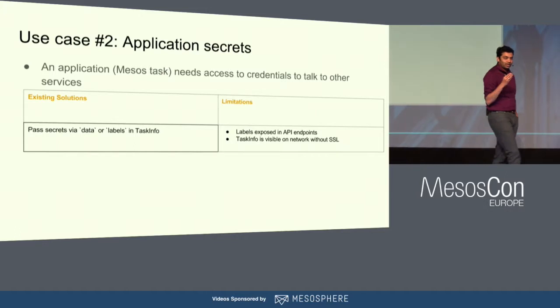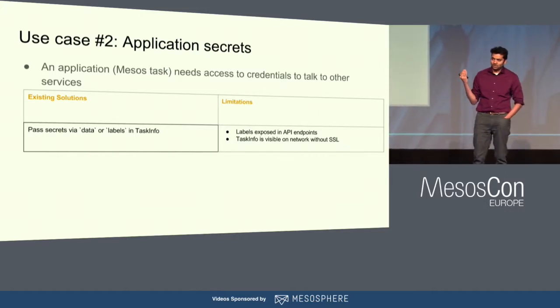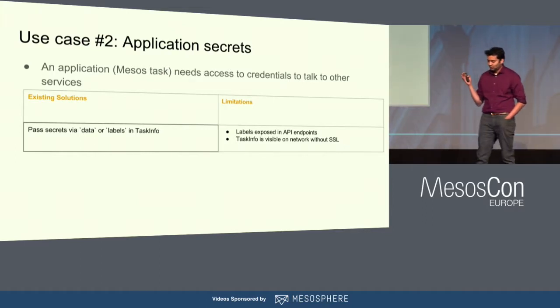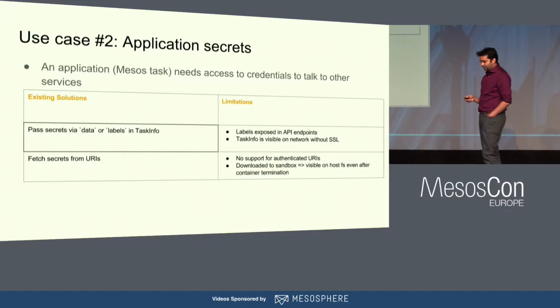And moreover, if you put it in labels, we also expose those in our operator API endpoints. If you hit /state or /tasks or whatnot, all the labels of a task are exposed there. So anyone who has access to our operator API endpoints can actually see the secrets there if you put them in the labels. It's not really great.